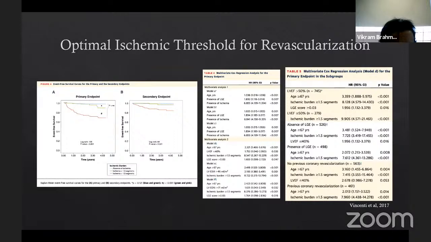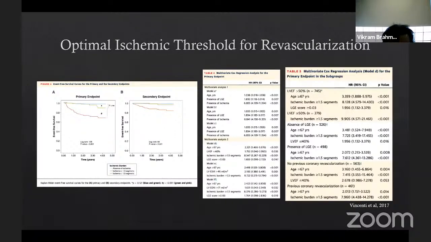So there's really no difference if you had mild ischemia or no ischemia. But their threshold, essentially, if patients had greater than 1.5 ischemic segments, it was a strong predictor of the primary endpoint. And scar and left ventricular ejection fraction to a lesser extent.